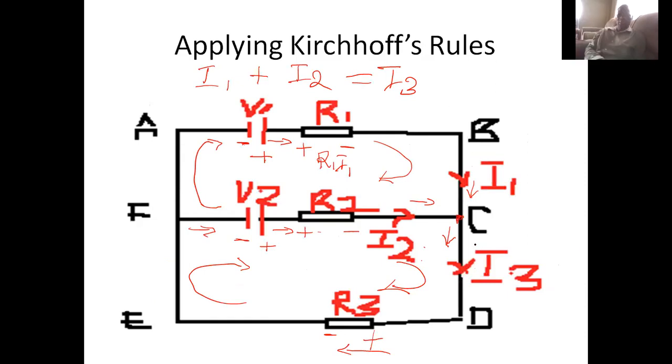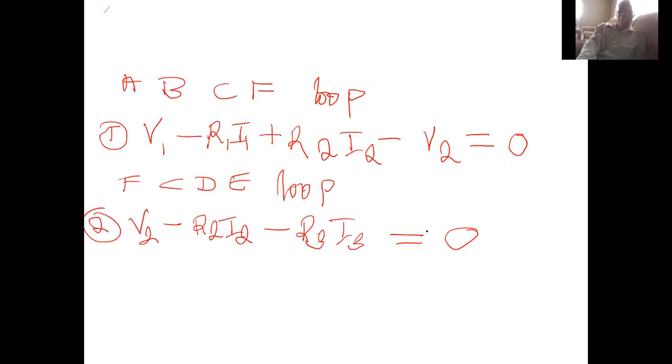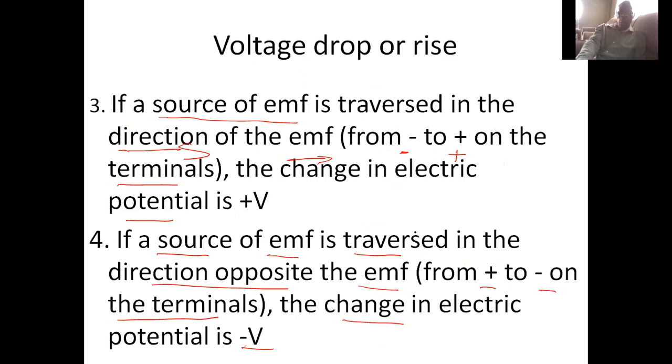What it means here, for example, as we are moving this way for loop number 2, we note that here the current is flowing in that direction. Therefore, this one becomes negative. But in the first instance, loop 1, the current is moving in that direction, but as we are traversing, going in this direction, we are moving from negative to positive, and that one becomes positive. So basically, this is what it means.